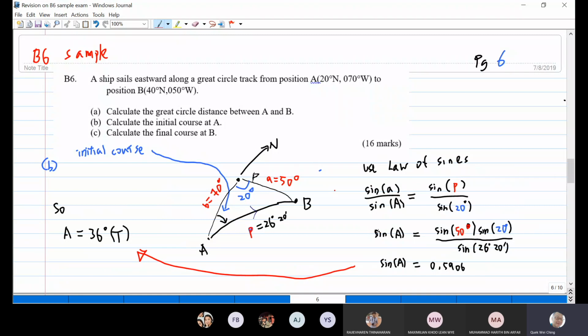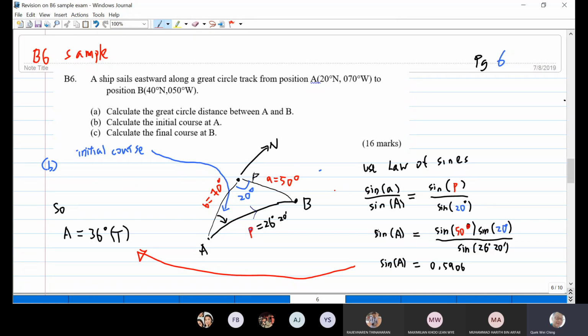So this time we have to use the sine law. So sine of A over angle A equal to sine of, you want the angle, right? So sine of P over angle P, which is 20 degrees.